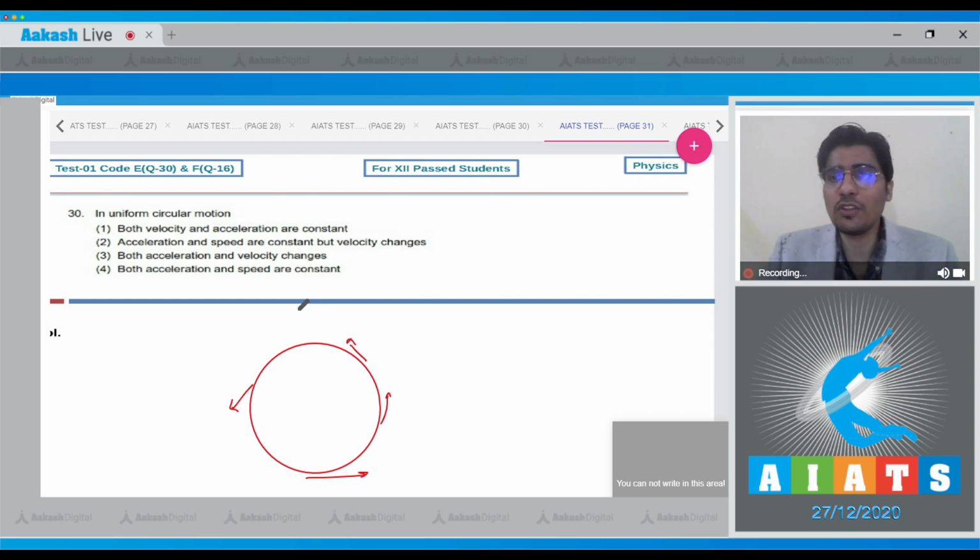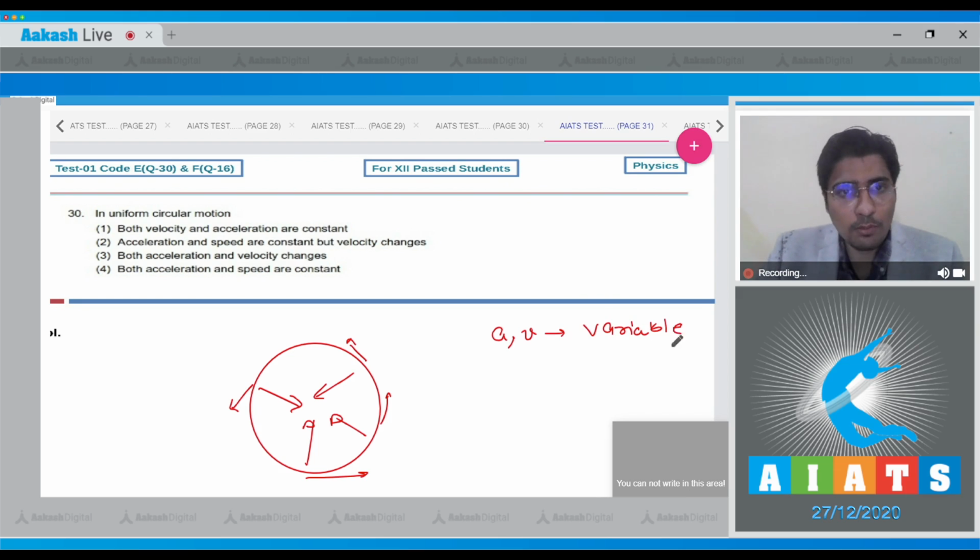However, the magnitude of the velocity remains constant. This means that velocity is a variable. Also, the centripetal acceleration is always directed toward the center. It has a constant magnitude equal to v square by r. However, the acceleration is also variable. Therefore, we can write down that acceleration and velocity both are variable and they both change. And hence, for this question, the correct answer should be option number 3.